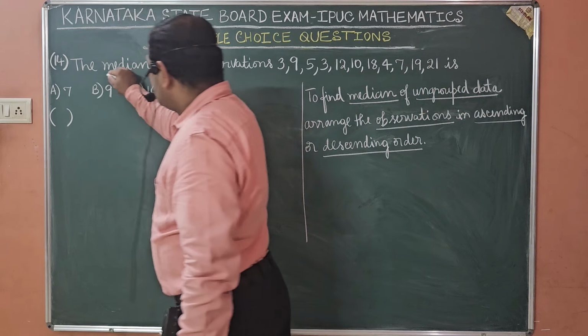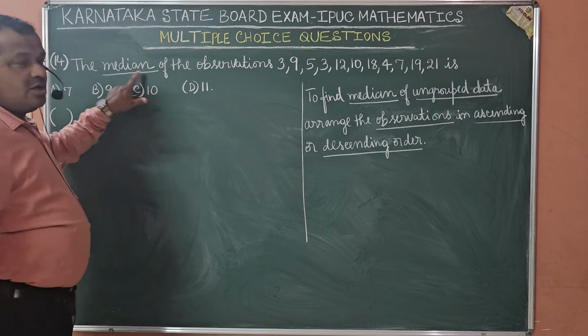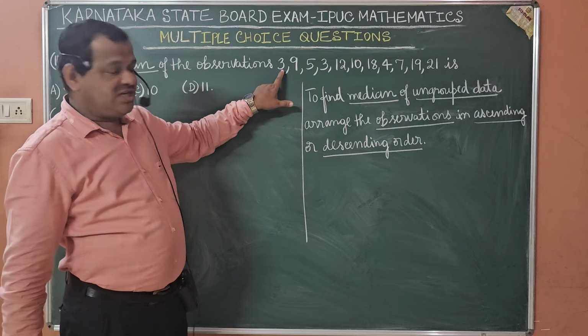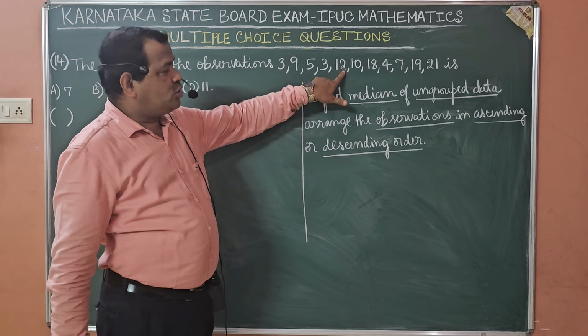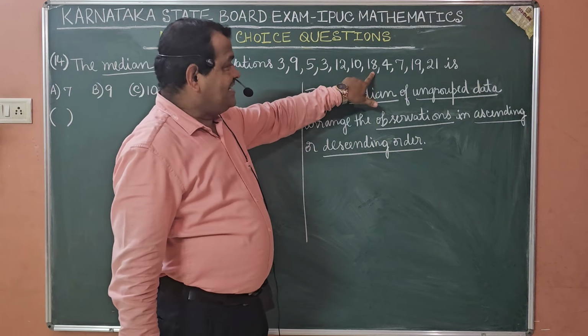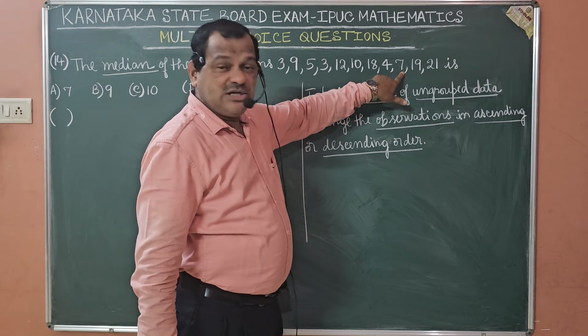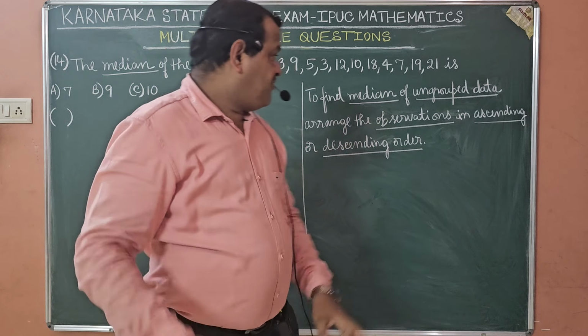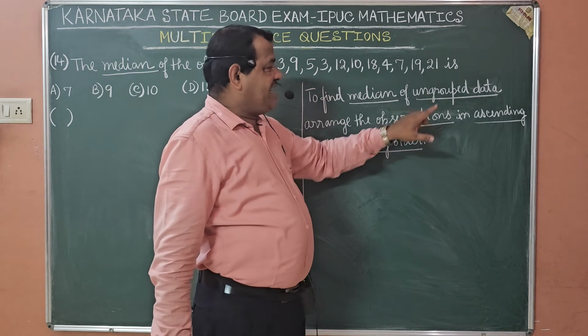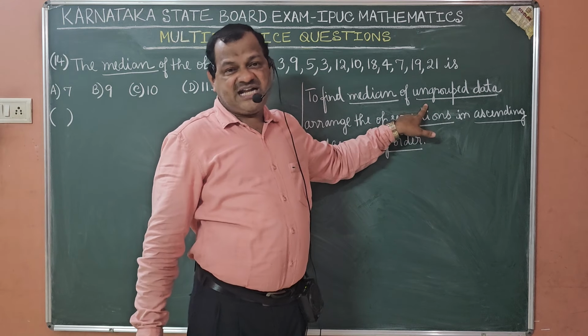The question is to find the median of the observations given: 3, 9, 5, 3, 12, 10, 18, 4, 7, 19, 21. The hints are, first of all, this given data is ungrouped data.